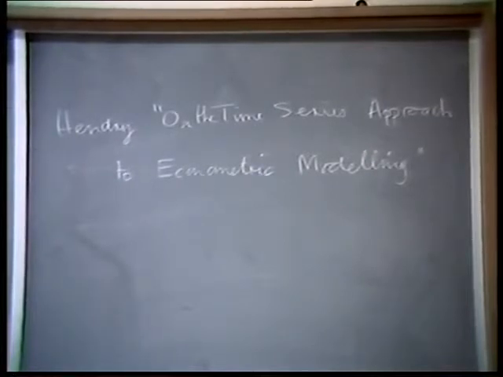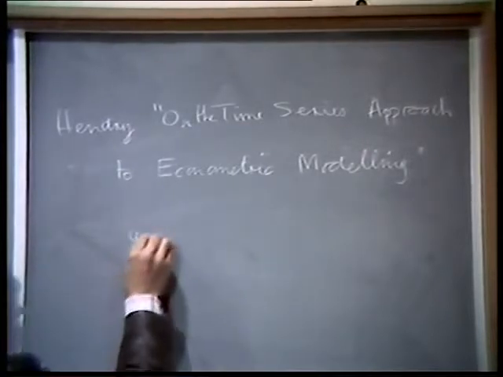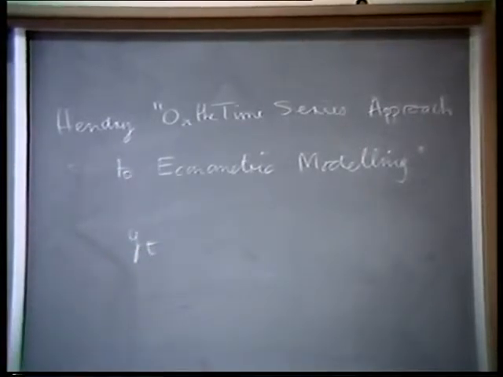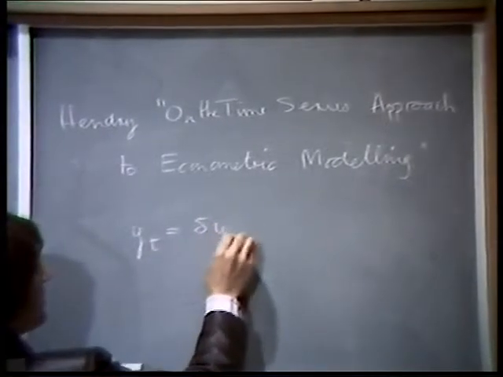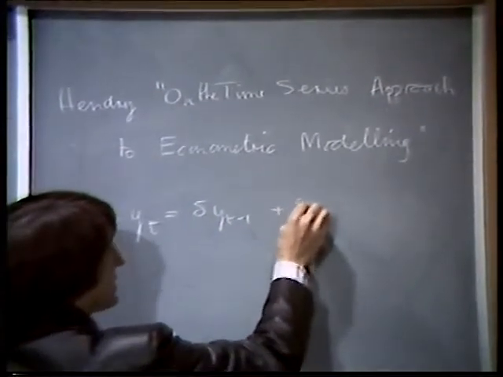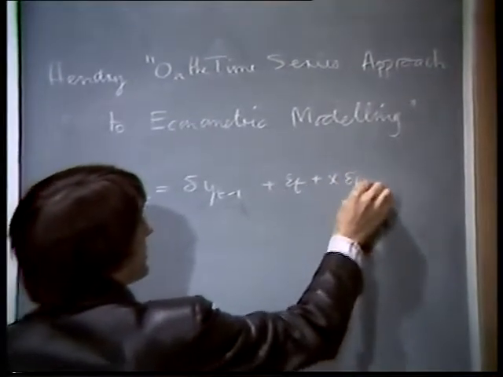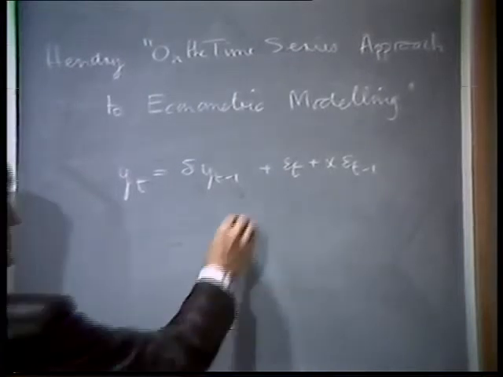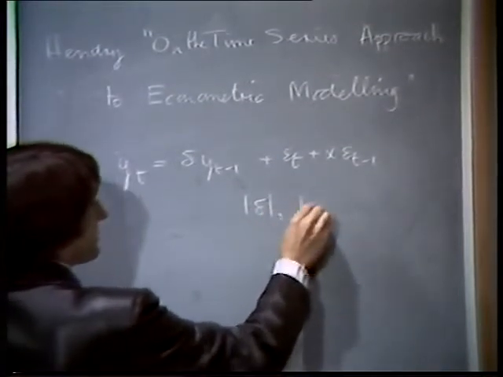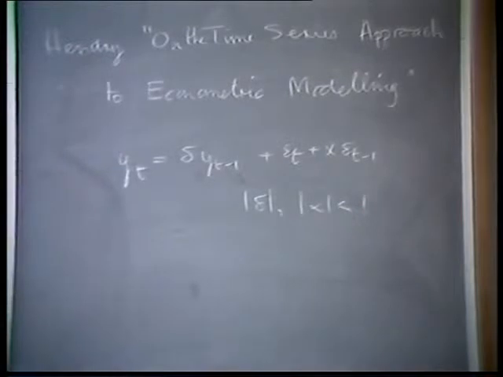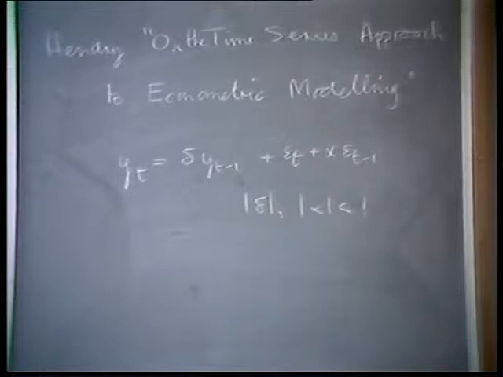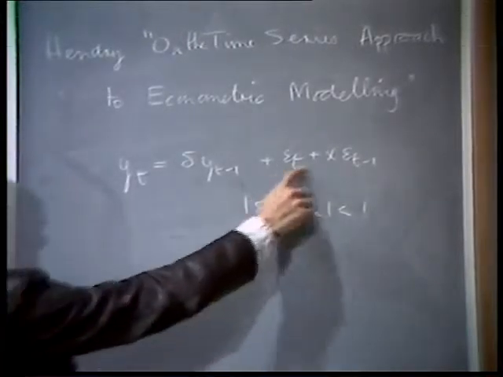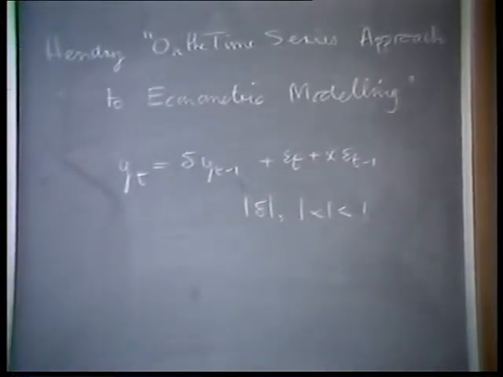And what he showed there was for a particular example, namely an ARMA(1,1) model, y_t is equal to delta y_{t-1} plus epsilon_t plus alpha epsilon_{t-1}, which has the autoregressive part stationary and the moving average satisfying the invertibility condition.